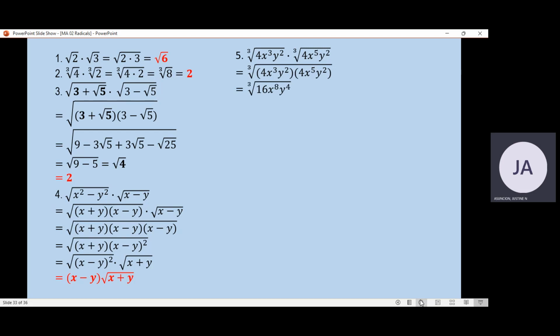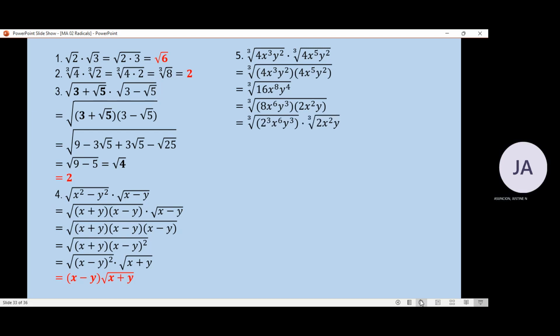In this case, we can express this as 8x raised to 6 y cubed times 2x squared y, so that we can extract a perfect root. The cube root of 8 is 2, the cube root of x raised to 6 is x squared, and the cube root of y cubed is simply y. Therefore, the answer here is 2x squared y times the cube root of 2x squared y.